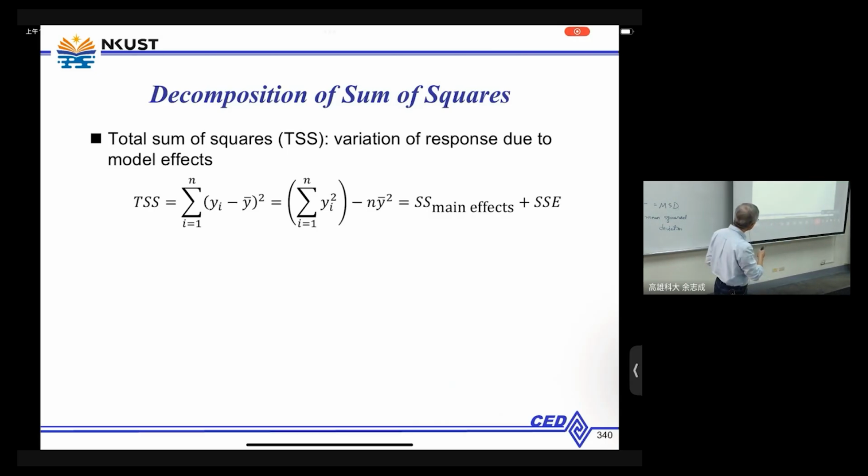This is the average, and this is the deviation from the average squared. Again, from some mathematical manipulation, this can be simplified into the summation of all the outputs squared minus the total average squared multiplied by n. And this will be the rest.